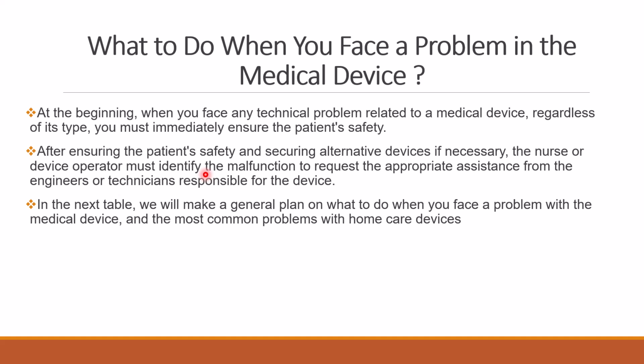After ensuring the patient's safety, we ensure alternative devices if necessary, especially in hospitals and ICUs. But in most cases, if the biomedical engineers or the technical team in the hospital do the PPMs in a good way, the calibration and the preventive maintenance, you will not face a huge problem. But it happens, so we have to be ready regarding these issues.